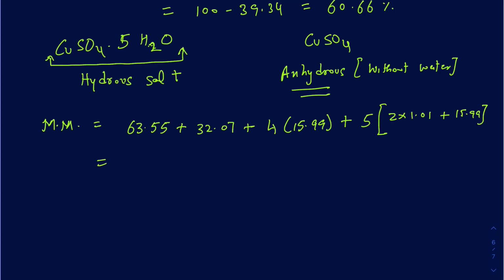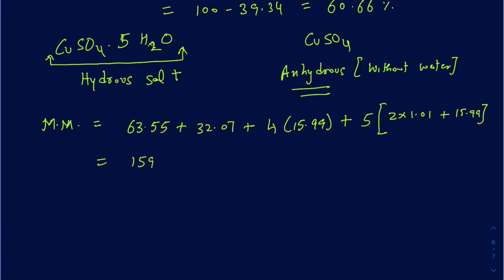Okay, so when I do this math, I'm just going to do this separately. So we got 63.55 plus 32.07 plus 4 times 15.99, and that gives you 159.58, and then plus 5 water molecules, it's going to be 90.05.